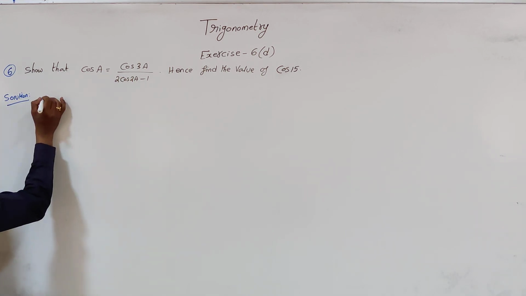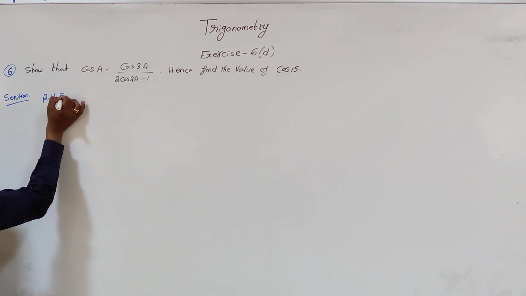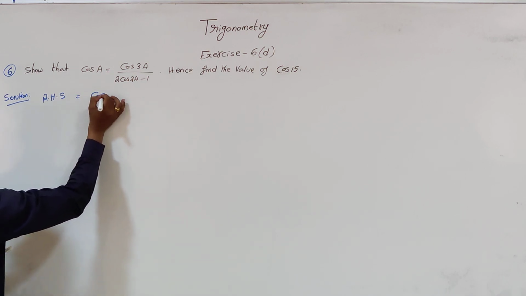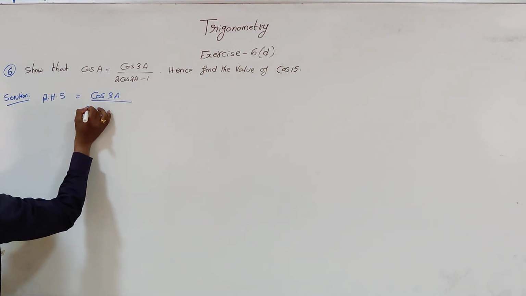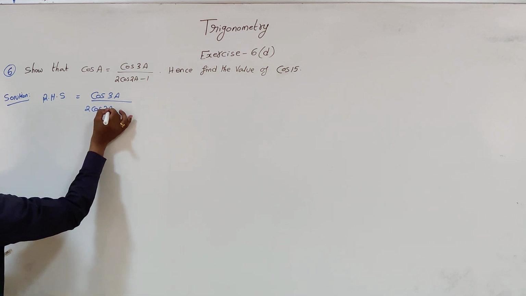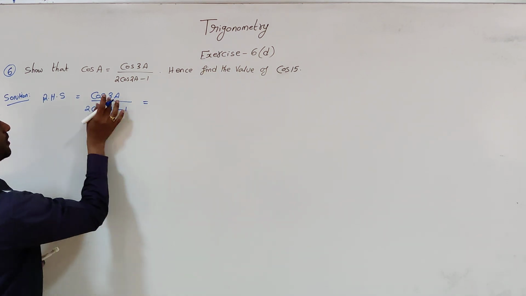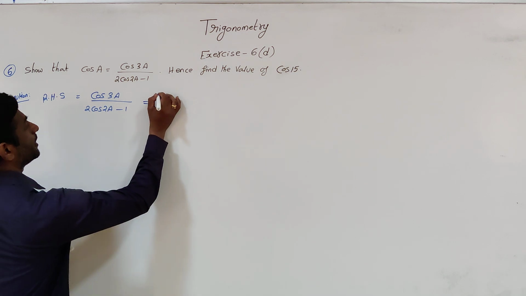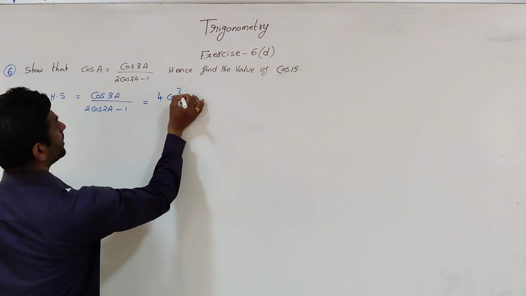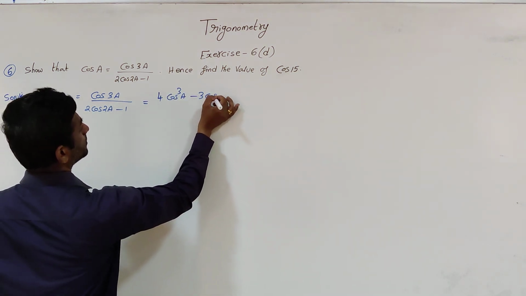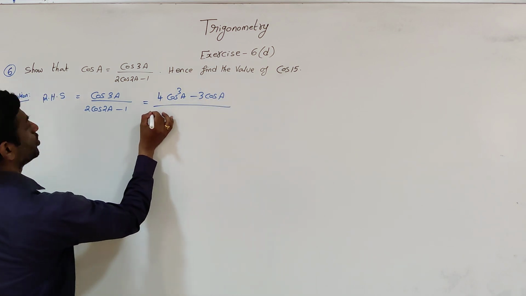Now let us take the RHS and prove the LHS. That is cos 3A by (2 cos 2A minus 1). But what is cos 3A? It is 4 cos cube A minus 3 cos A, and the 2 is as it is.